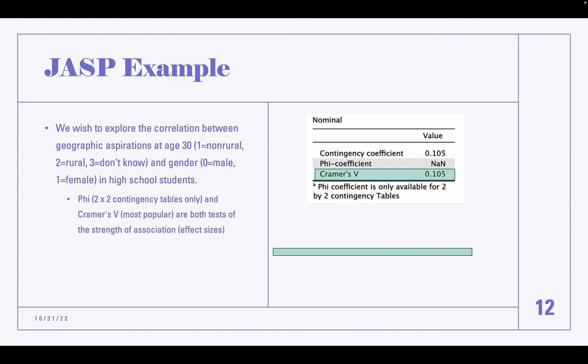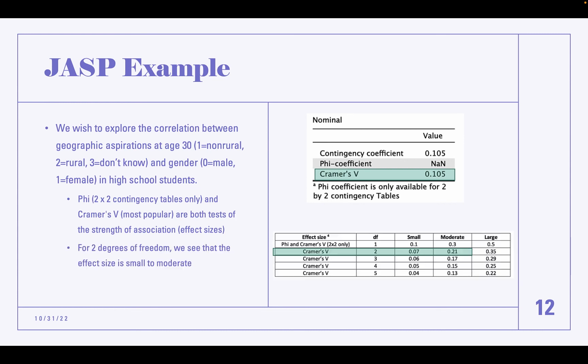All right, the most popular between the contingency coefficient and Cramer's V is definitely Cramer's V, so I recommend interpreting that for the strength of the association or effect size. And here's an effect size table for you guys based on the degrees of freedom of the test. So remember, we had 2 degrees of freedom in the chi-square test.